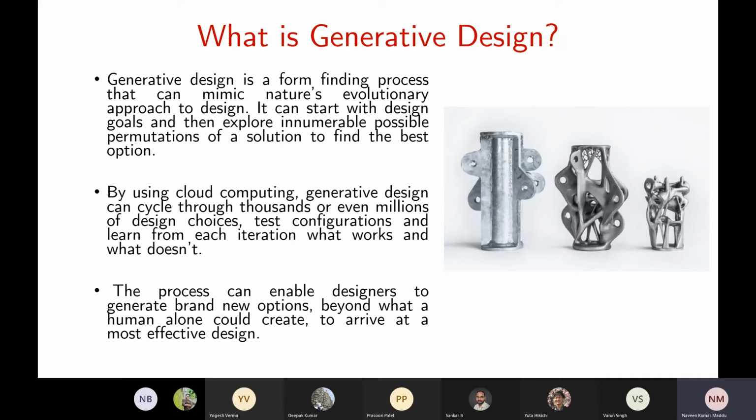So what is this generative design? It's nothing but a simple, nature-based evolutionary approach. So this is some kind of a mechanical object here. This is a traditional object here. Now, this has been used in some assembly.